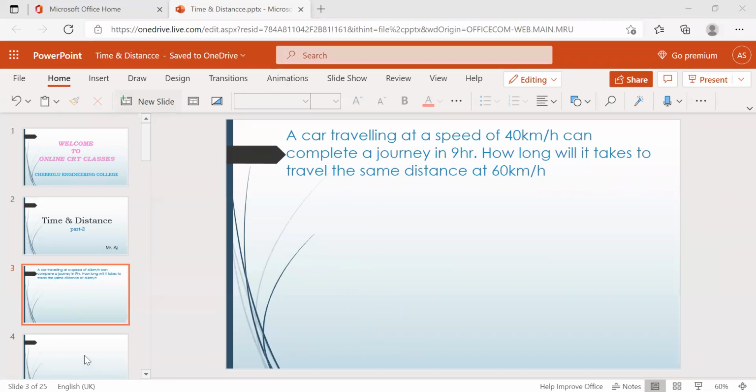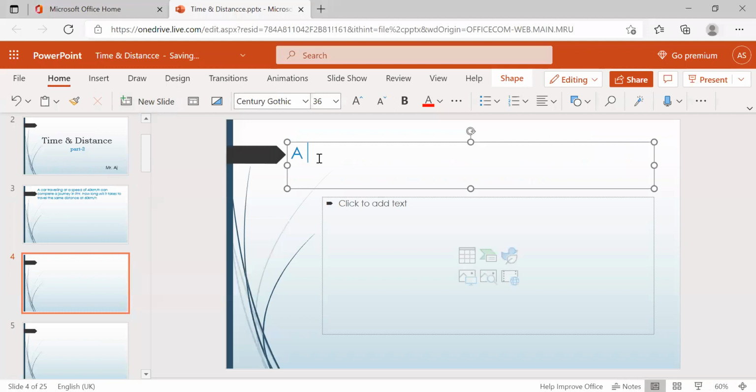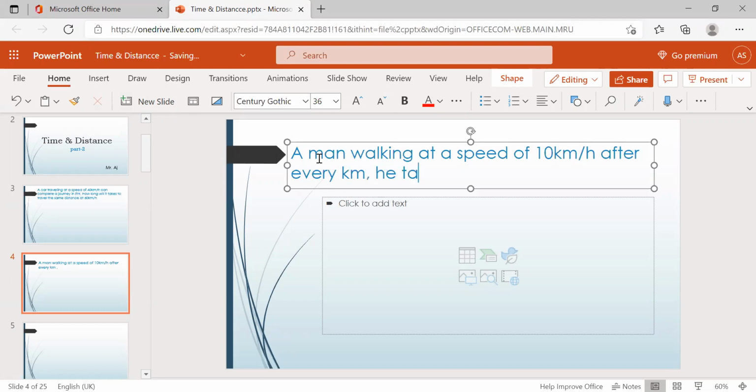Now, second question for you. A man walking at a speed of 10 kilometer per hour. After every kilometer, he takes a rest of 5 minutes.